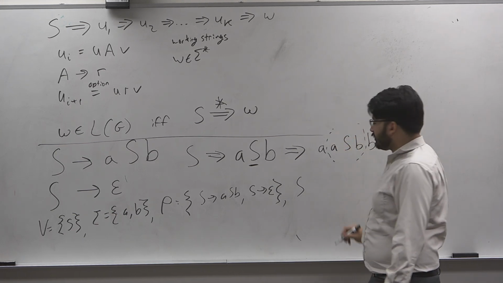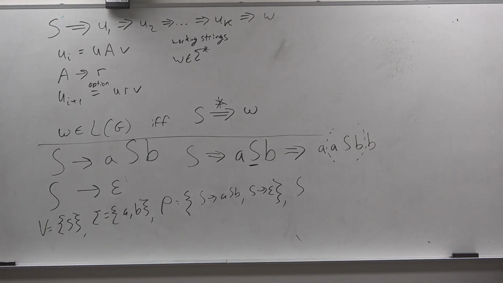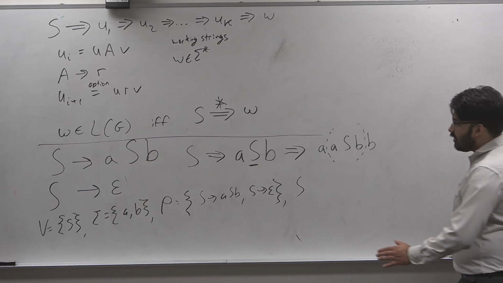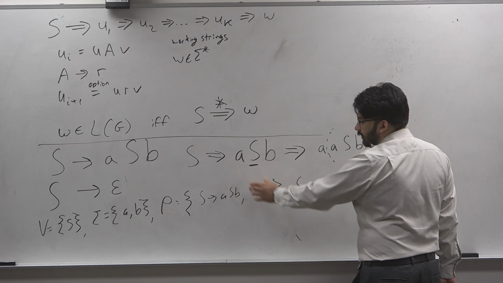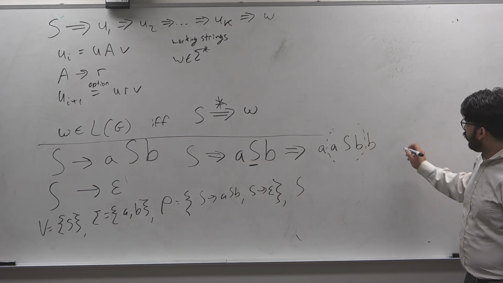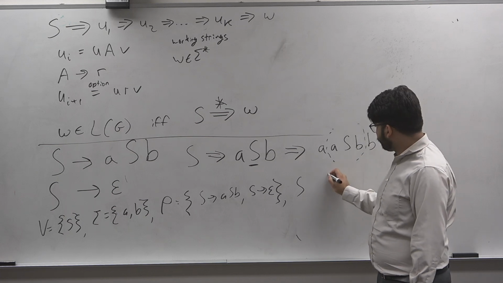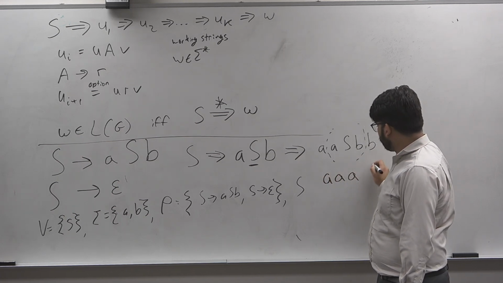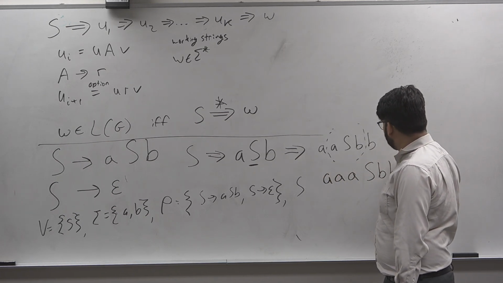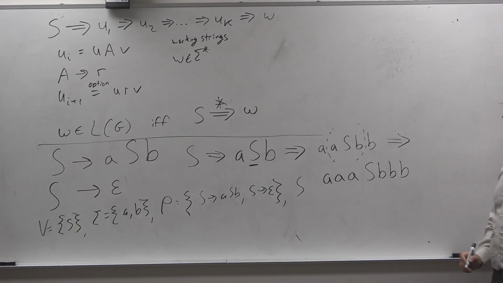I'm drawing some parentheses around there, but know that they're not part of the production. Notice how I replaced the literal capital S with a literal substring replacement of what the production was supposed to be. Let's do one more. Let's do the top one. Okay, I'm bored. Let's do the bottom one.